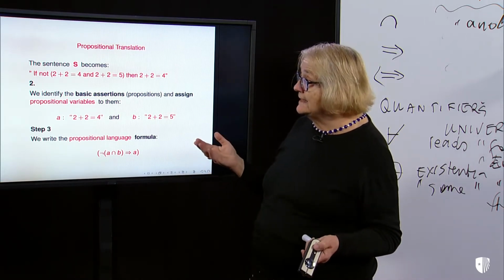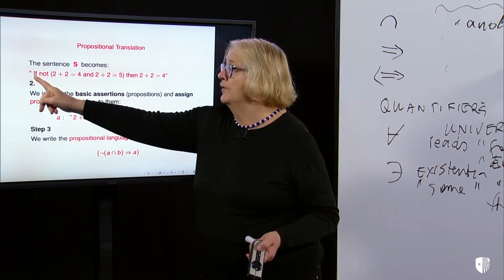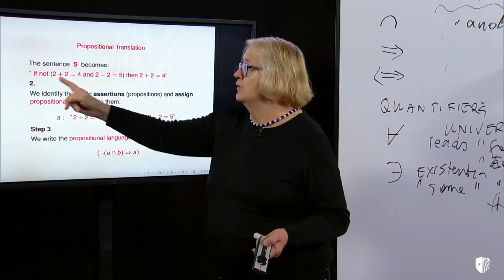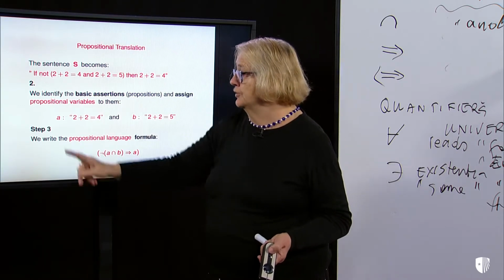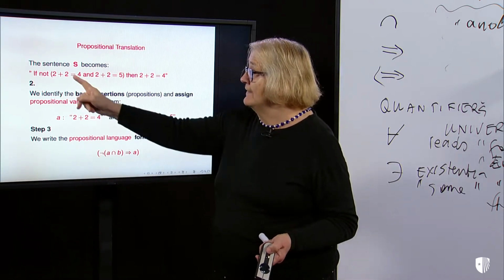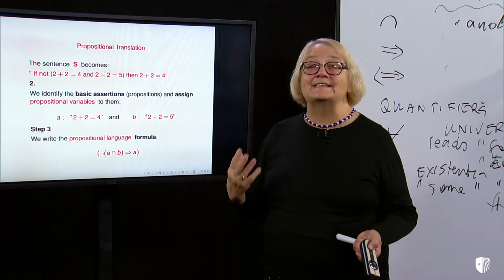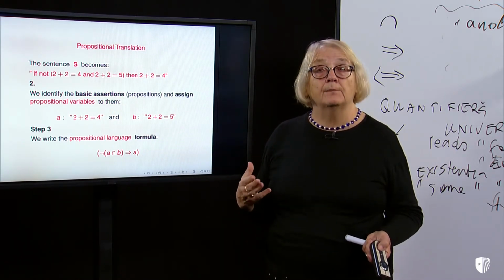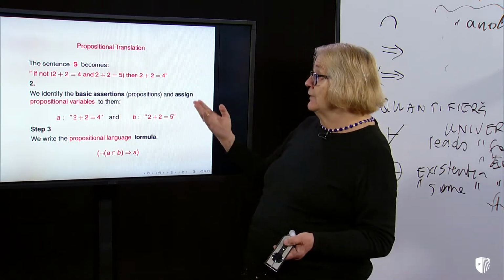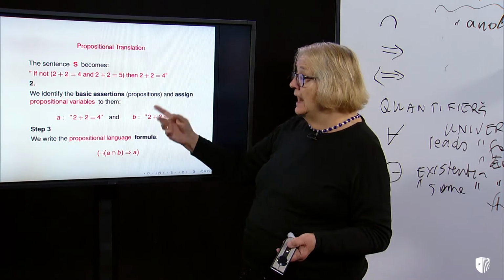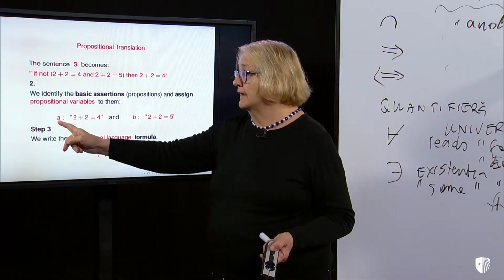And now you can see that you replace your connective "if... then" by implication, and "not" by negation. And these are called basic assertions in propositional logic, and we replace them by letters which are called propositional variables.